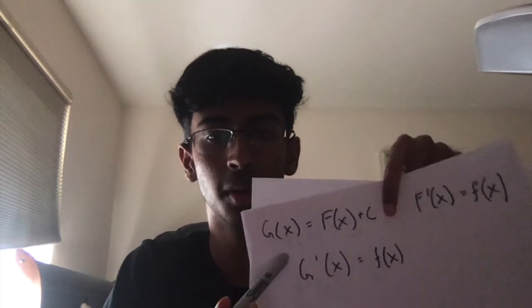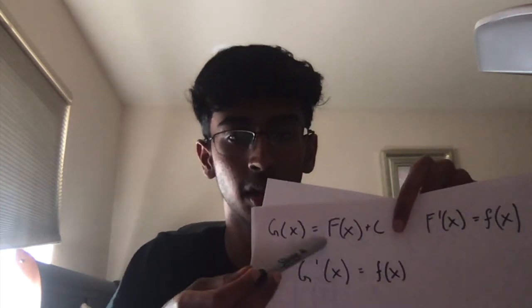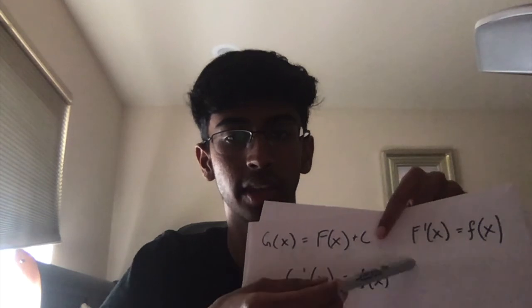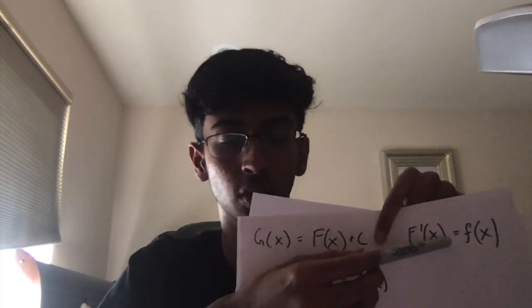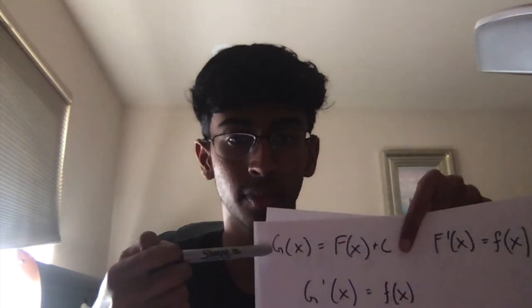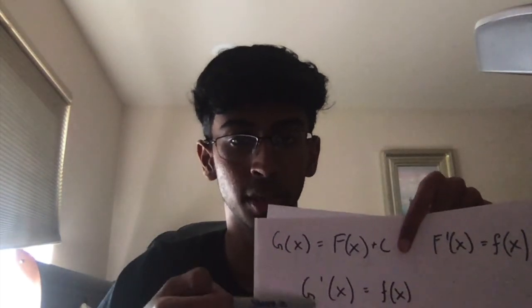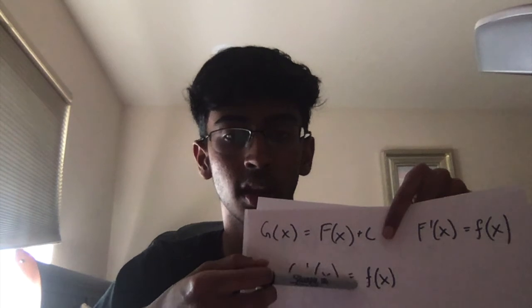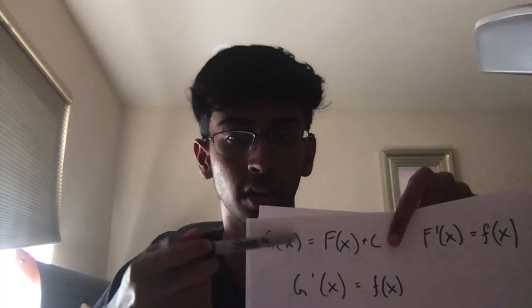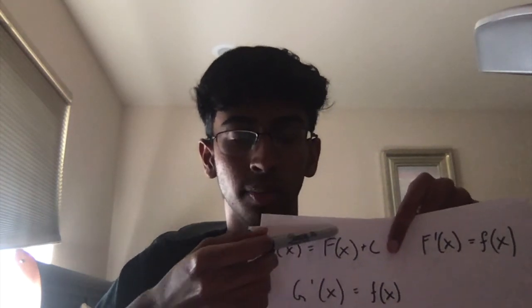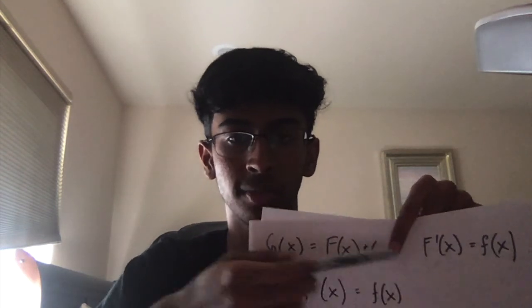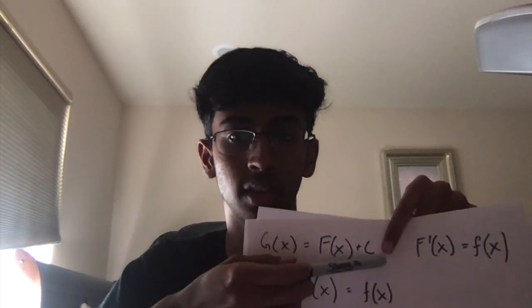Now to prove this, let's just say that big G of x is equal to big F of x plus c, and that big F prime is equal to little f of x. Now, if we were to differentiate G, we would get big G prime is equal to little f of x, because when you differentiate big F, you'll get little f, and then when you differentiate c, it'll become 0.